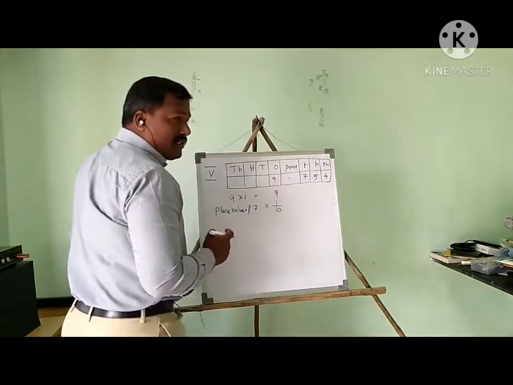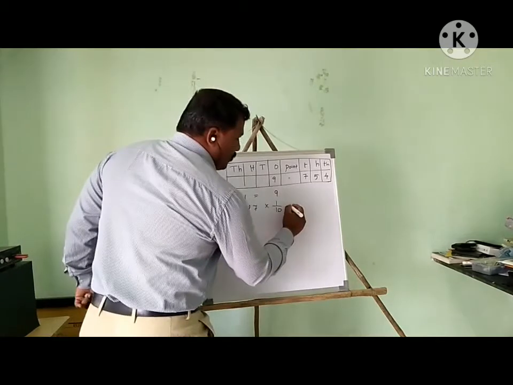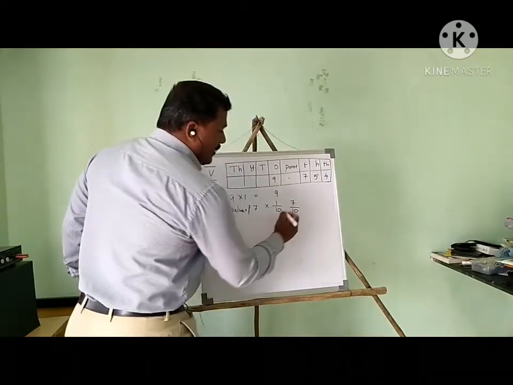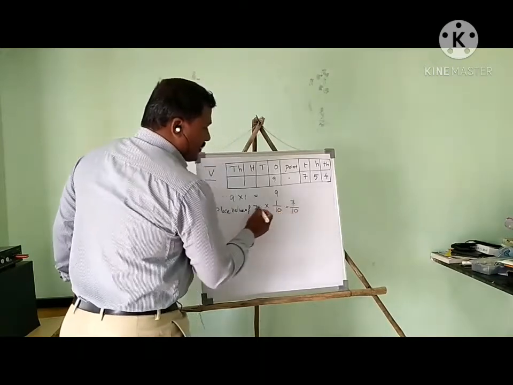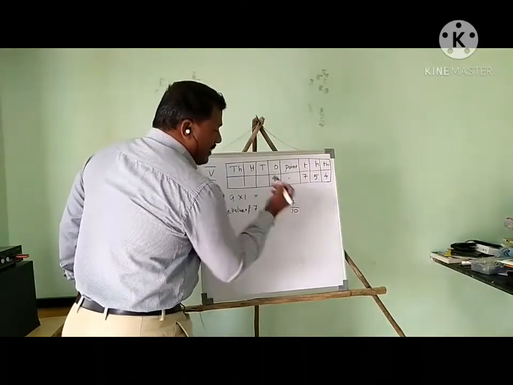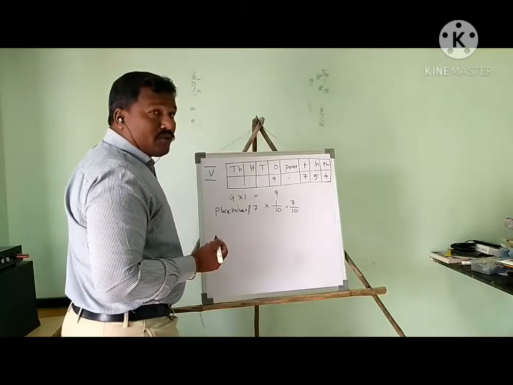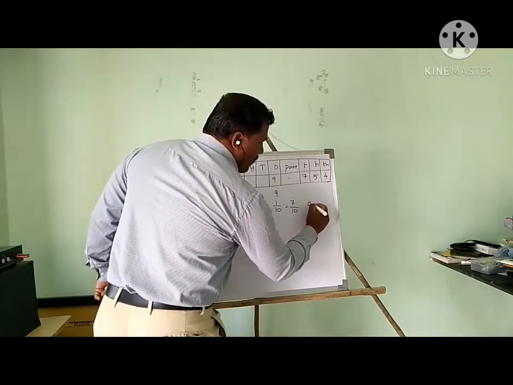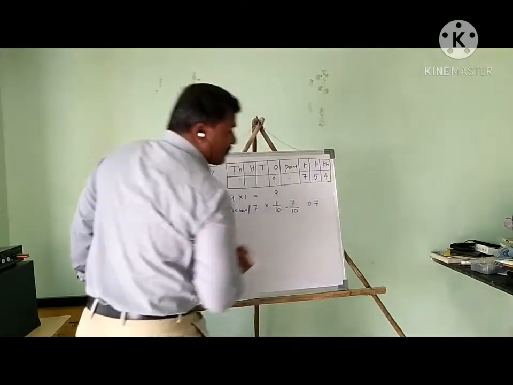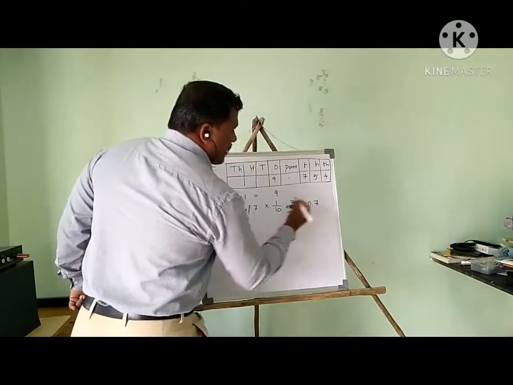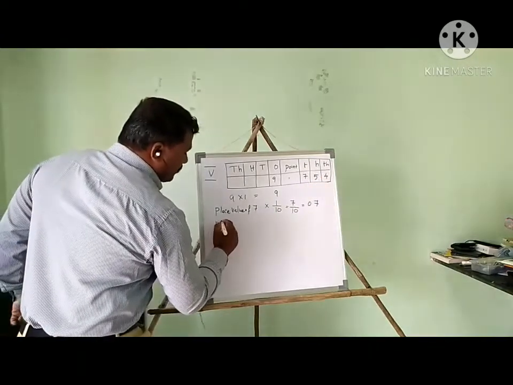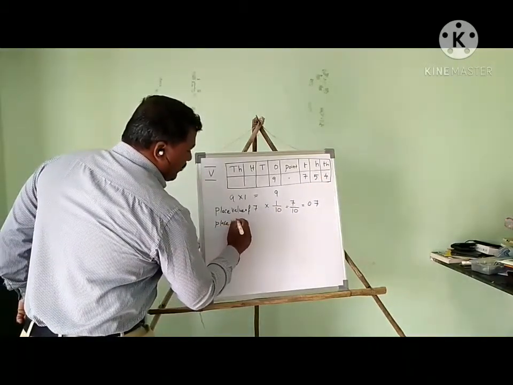So 1 by 10, we can write it as 7 by 10. I already told you, we can write 7 by 10 as 0.7. Okay, then another place value, the place value of 5.